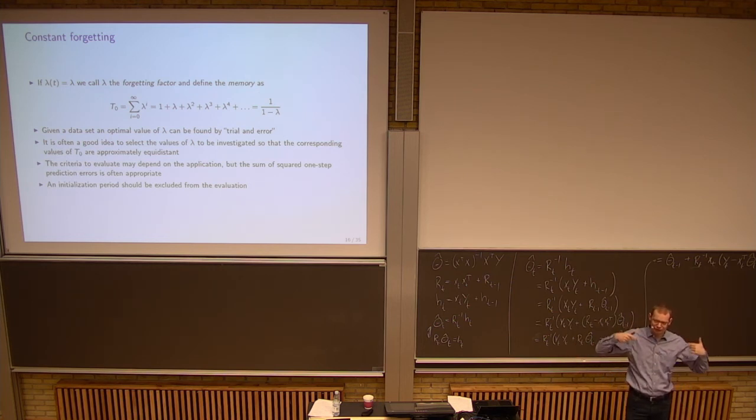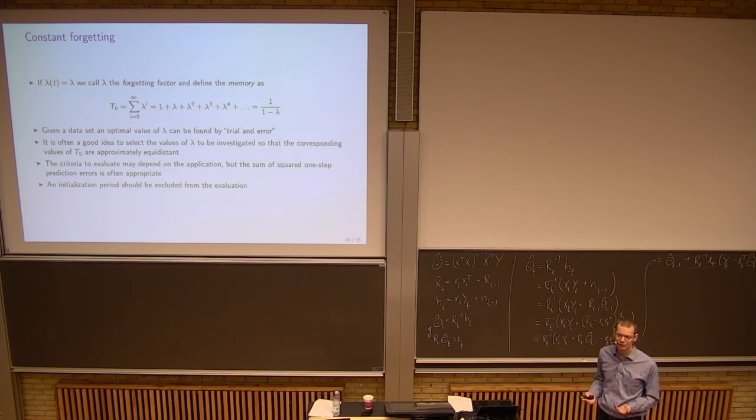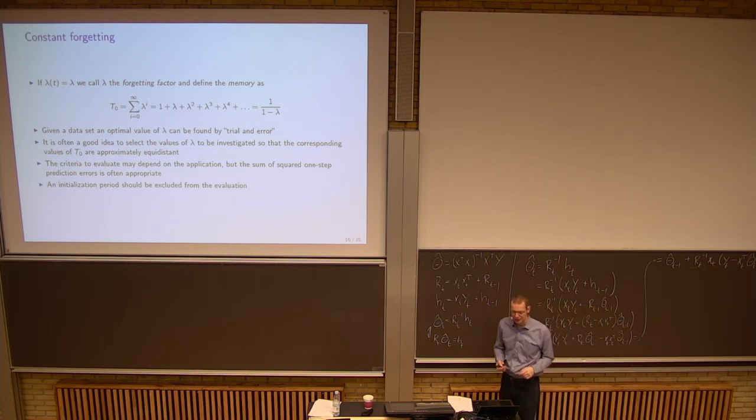So that's the effective number of observations that you have. And then you can say, how do we find an optimal value for lambda? How would we optimize it?